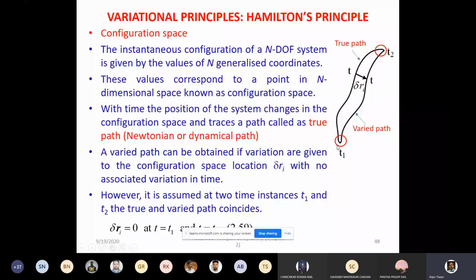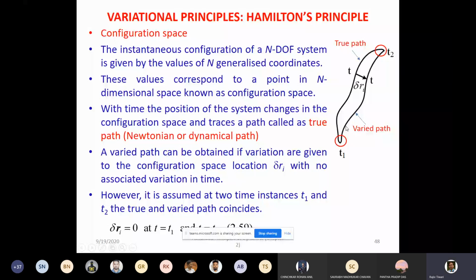A different path, a varied path, can be thought of. At a particular time t, we give a variation to that n-dimensional vector, and at different times we give variations. So we can have another path, which is the varied path.